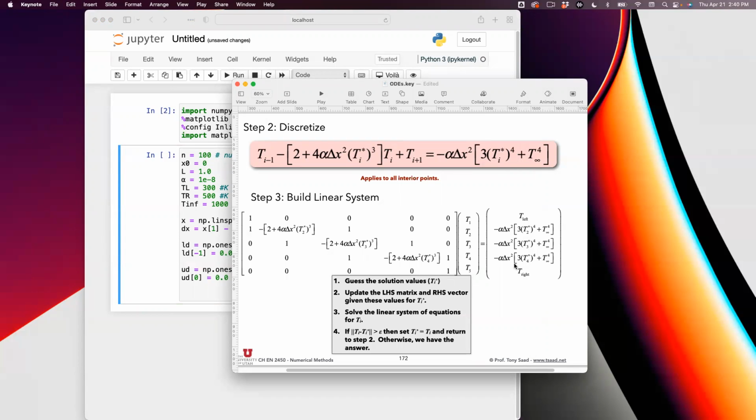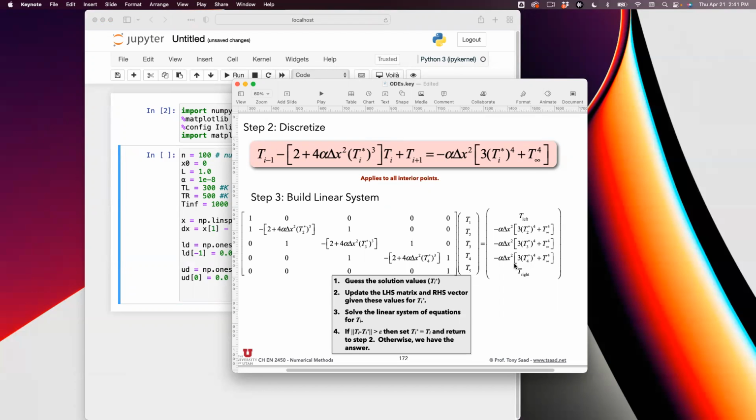Okay, but there's another issue. T star. Thank you, Nick. Our main diagonal has T star in it. We're going to start with an initial guess for T star, but we're going to have to keep iterating on this T star until we drive it to be equal to T. So the creation of our main diagonal and the right-hand side have to be within an iterative loop.